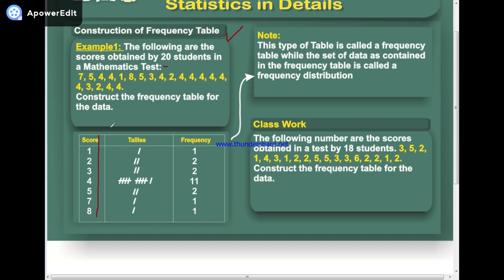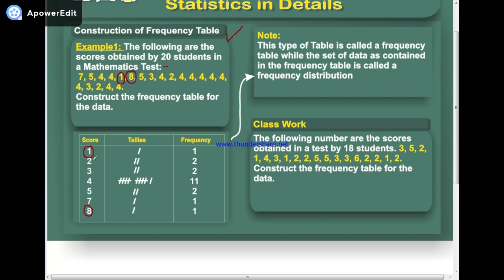You will look at the minimum number on the data, which is 1. So 1 will be the starting point of your score. And you now look at the maximum number on the data, which is 8. So 8 will be the highest number on the score.